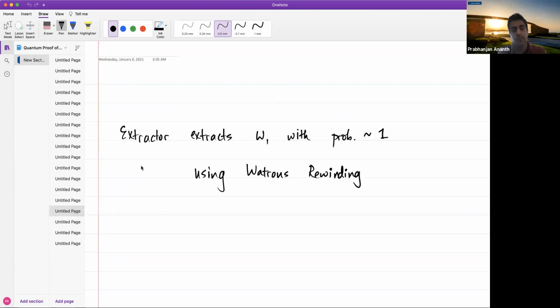So what about the case when the prover is malicious? In this case, we are going to come up with an extractor that can extract W1 with probability negligibly close to 1. And we are going to use Watrous rewinding to do this.